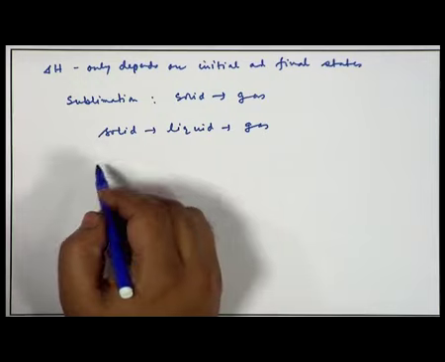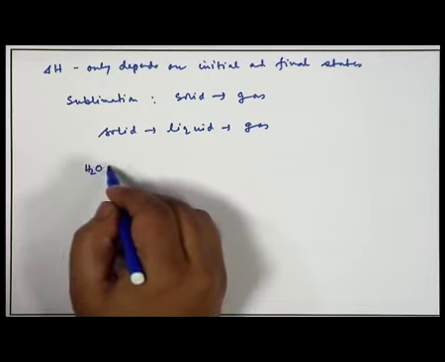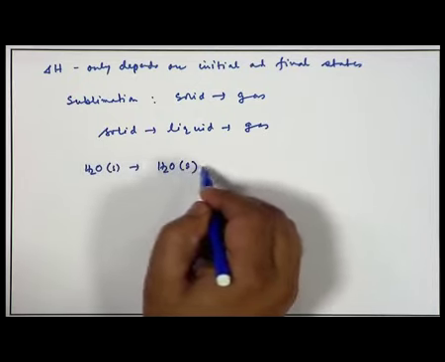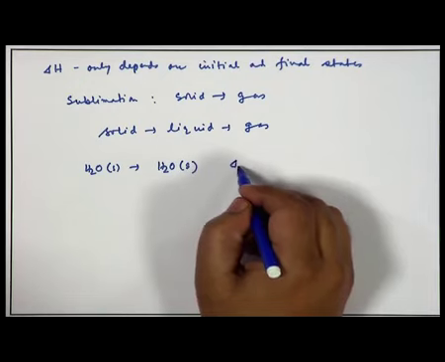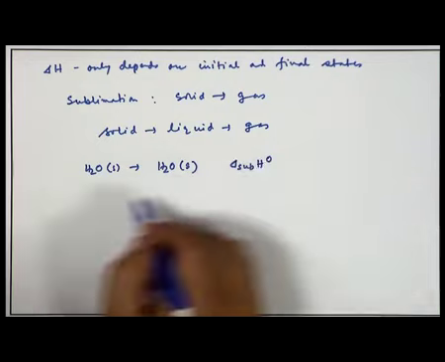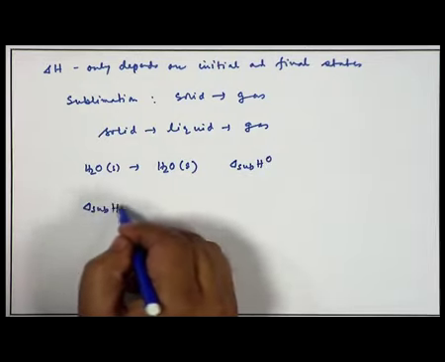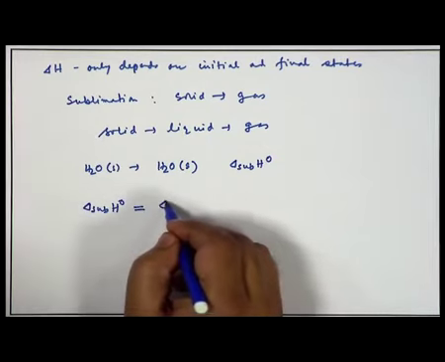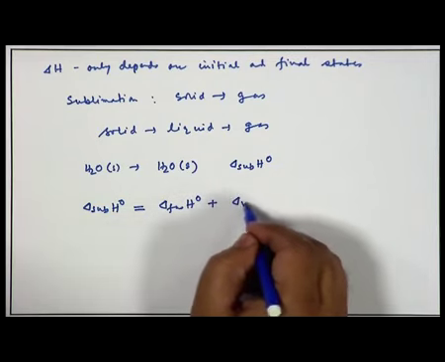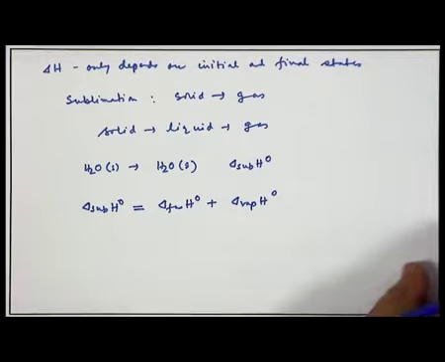In case of water, solid to H2O gas is your sublimation, with corresponding delta H sublimation. So, we can break it into two steps. We can write delta H sublimation is equal to delta H fusion plus delta H vaporization.